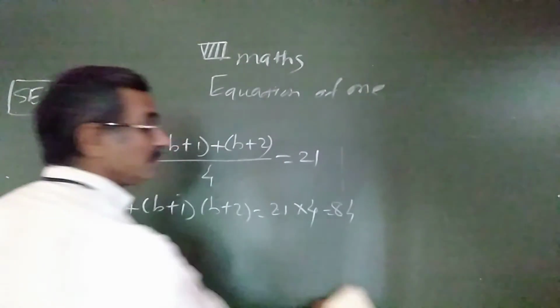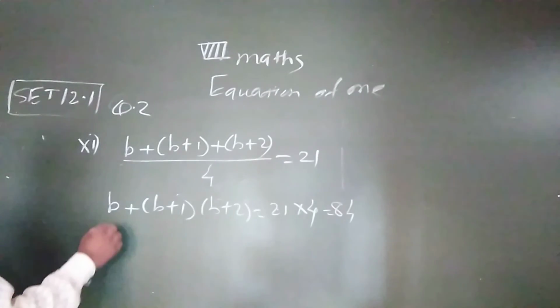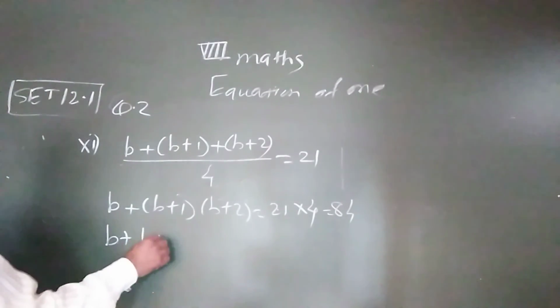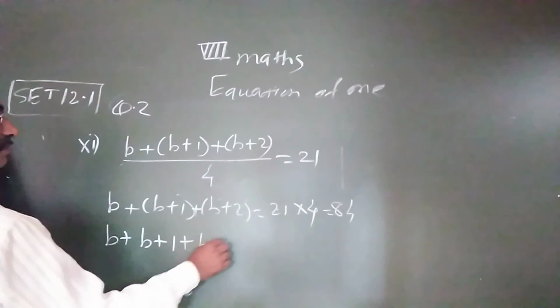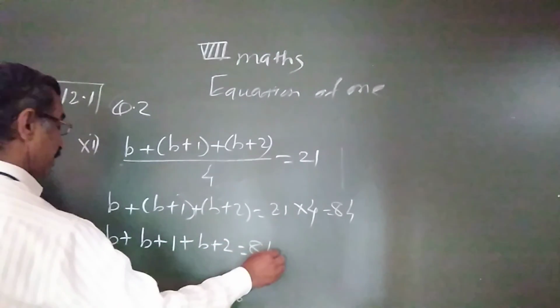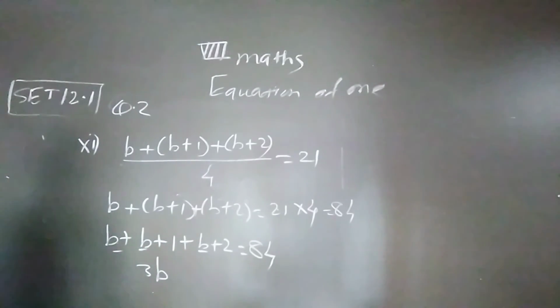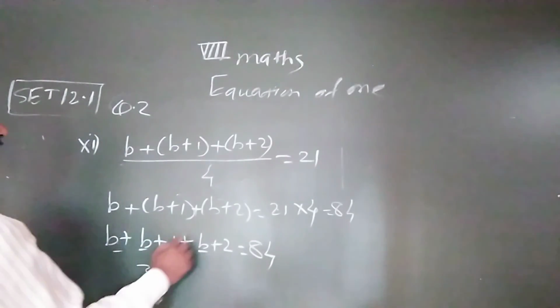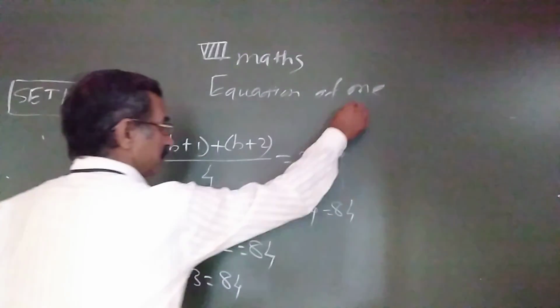Then we are solving the brackets on the left hand side. b bracket gets solved here, plus b plus 2 is equal to 84. There are 3 b's, so they are like terms, so their sum is plus 3b. This 2 plus 1 is plus 3 is equal to 84.